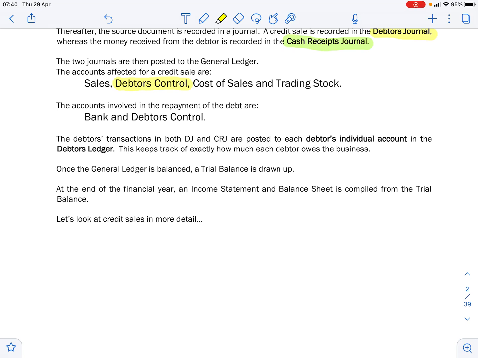People now owe us that money. When we are receiving the money back, the 2 accounts that would be involved are bank, because we are getting the money, and debtors control, because our assets, our debtors, have now decreased because people owe us less as they have paid us back.